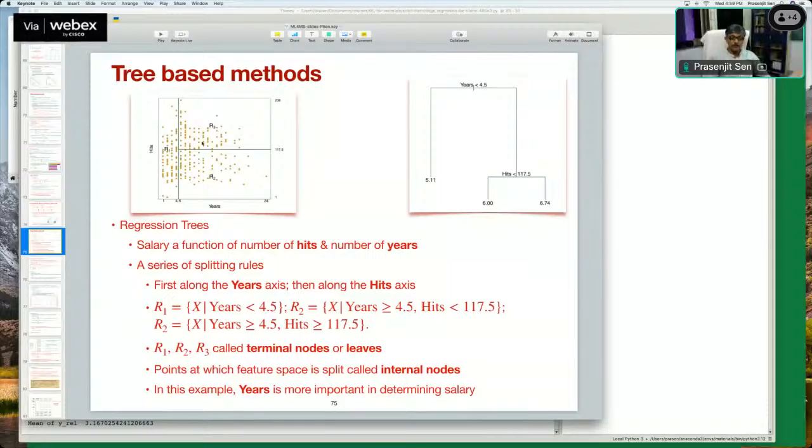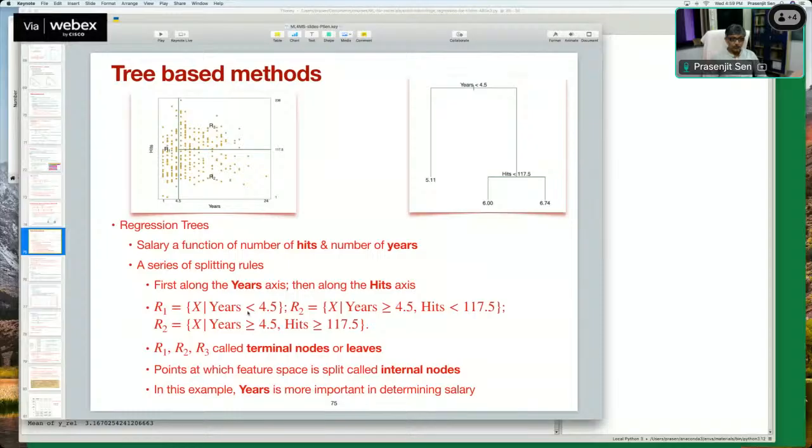Now, how do you decide whether to split along years or split along hits? These are questions we'll come to in a slide or two. But for the moment, to understand the procedure, let us say that we split this entire space by drawing this vertical line here at 4.5 years.